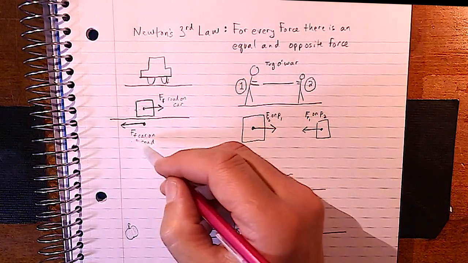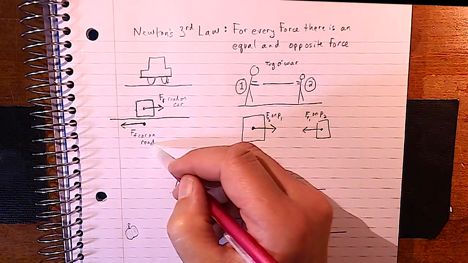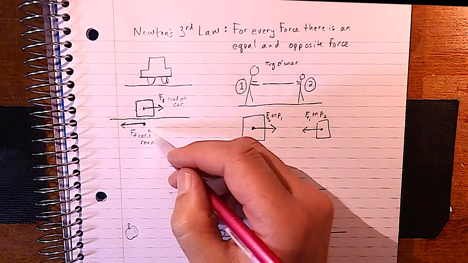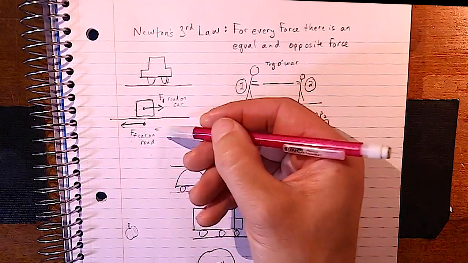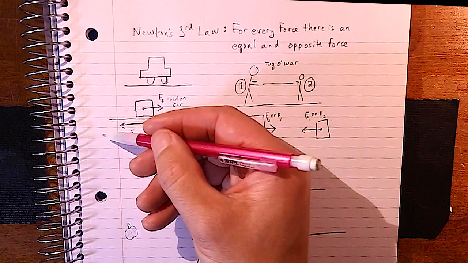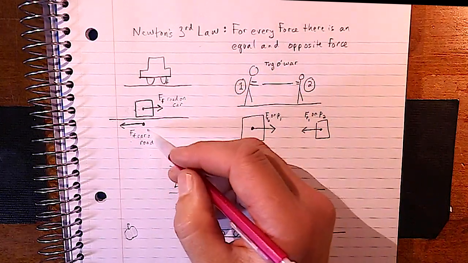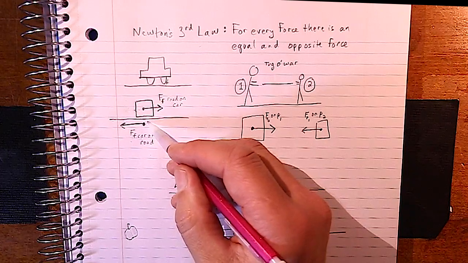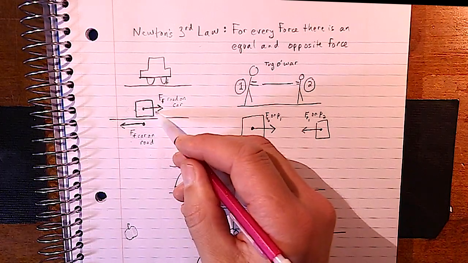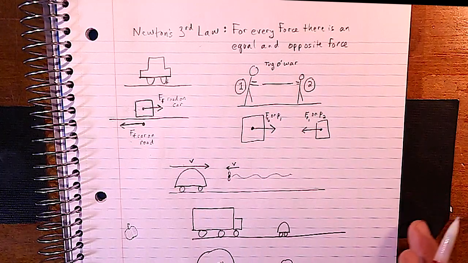So the force of friction of the car pushing on the road, specifically the tires pushing on the road, pushes the road to the left. The equal and opposite force in Newton's third law is the force of friction of the road pushing on the car.